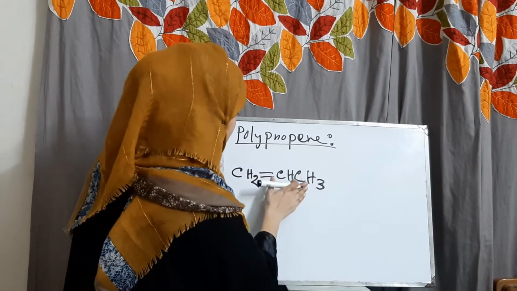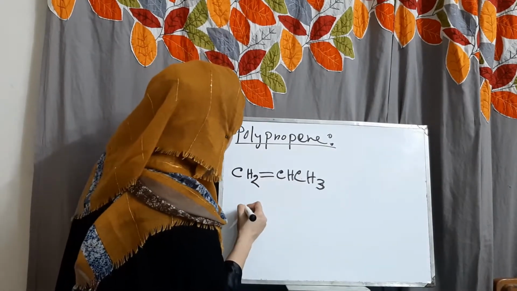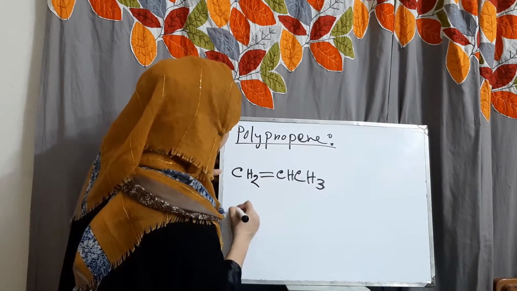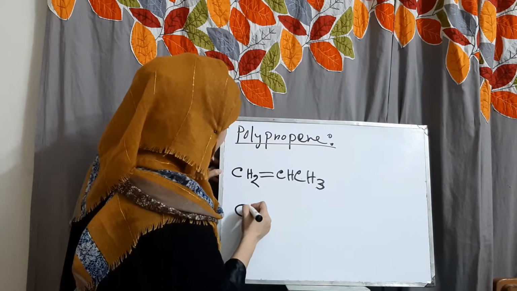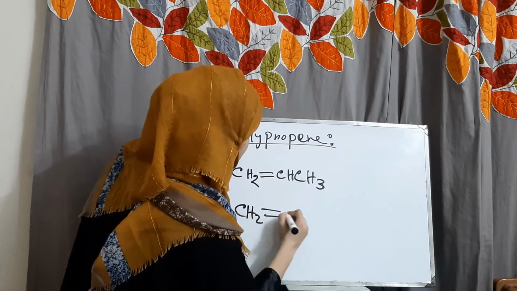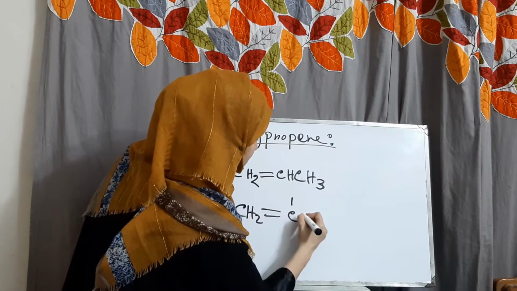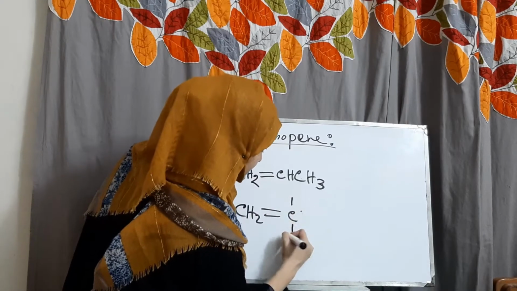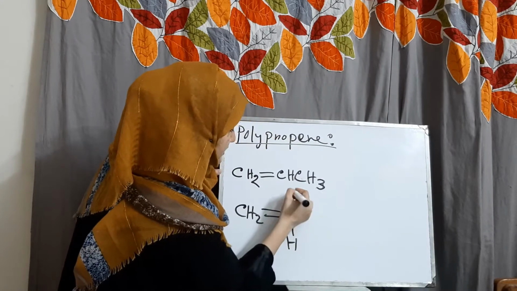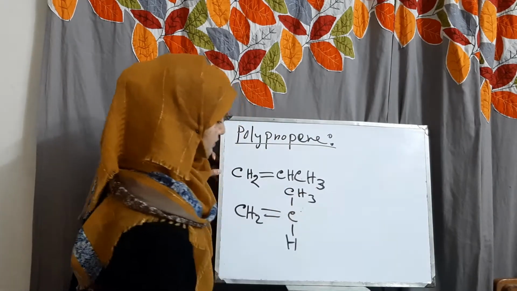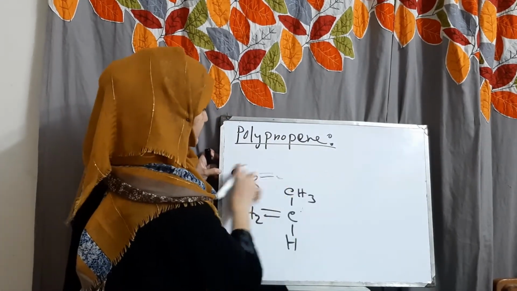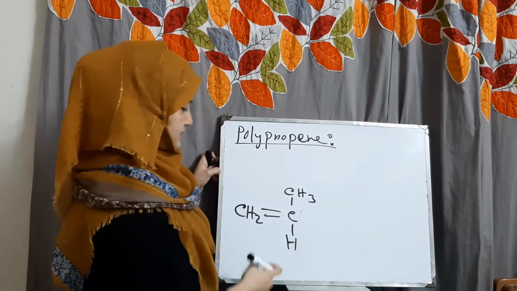For our reaction, we can write this like this. Okay. Hydrogen here, hydrogen, and this carbon here. Okay. I erase this. This is propene.